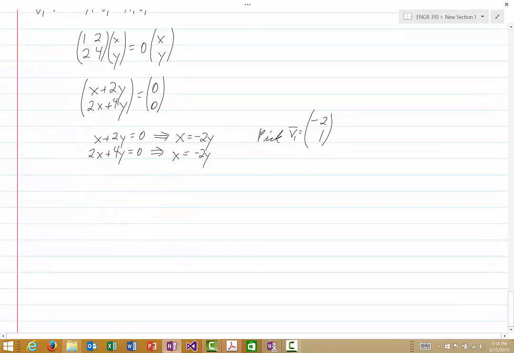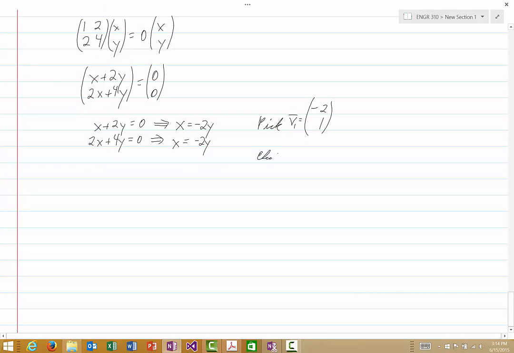And if you wish to check, we have 1, 2, 2, 4 times negative 2, 1 is equal to 1 times negative 2 is negative 2, and 2 times 1 is positive 2, and negative 2 and 2 is 0. And then 2 times negative 2 is negative 4, 4 times 1 is positive 4, negative 4 and positive 4 is 0. And sure enough, that's equal to 0 times negative 2, 1.